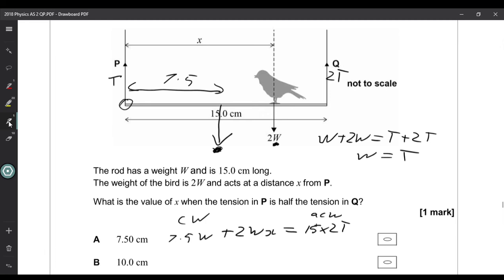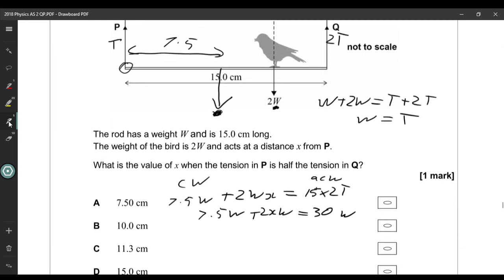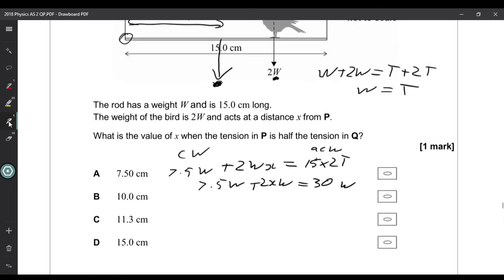So that comes out to be 7.5 W plus 2x W equals 30 W, because we've now just substituted our W equals T. So if we then simplify that, it's 7.5 plus 2x equals 30.